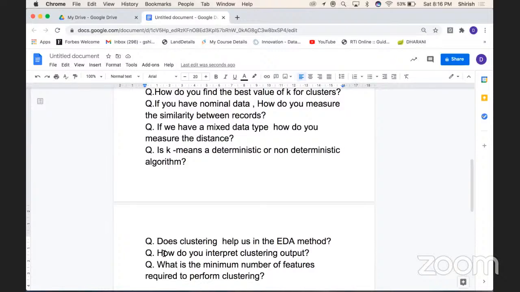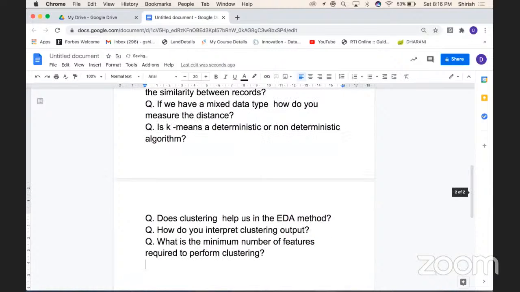Okay. How do you determine the nearness of a cluster? There's something called nearness, right? How do you determine that? There is one technique to determine the nearness of the clusters.